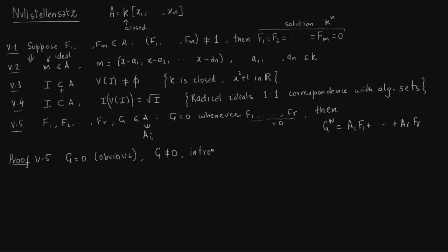Then you consider the following polynomials. Again we have f1 to fr and g, which are already given to us in A, and you also have this new polynomial tg minus 1.